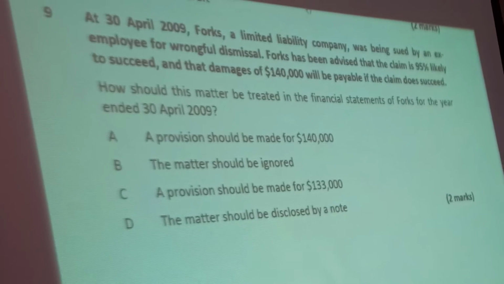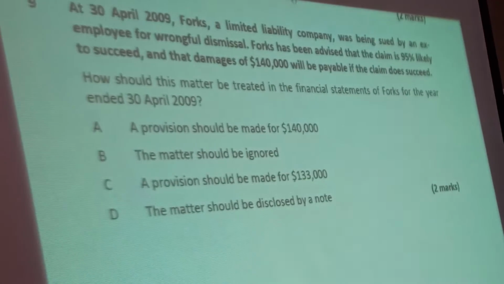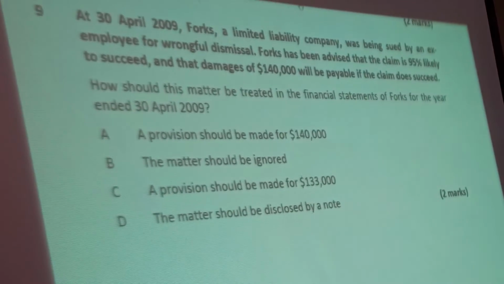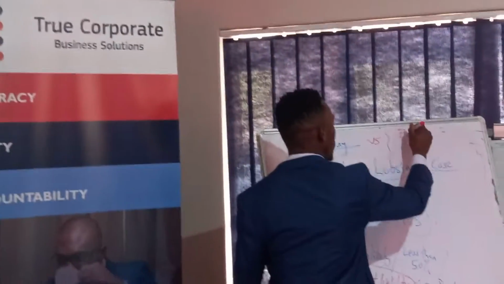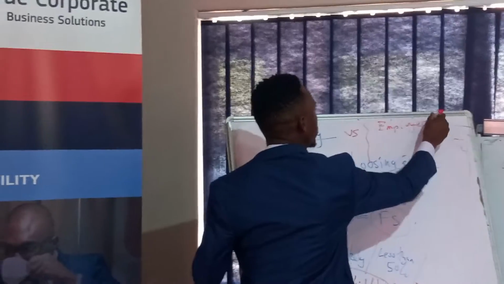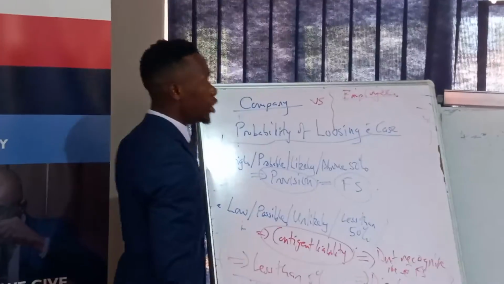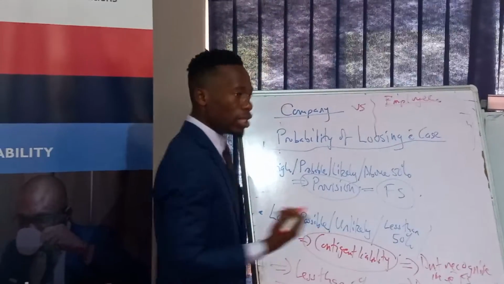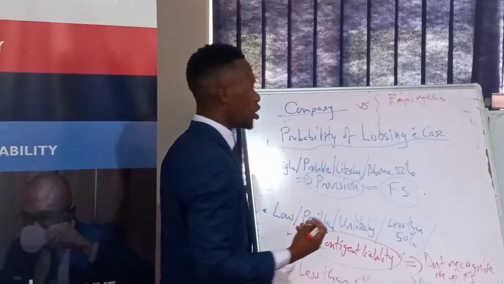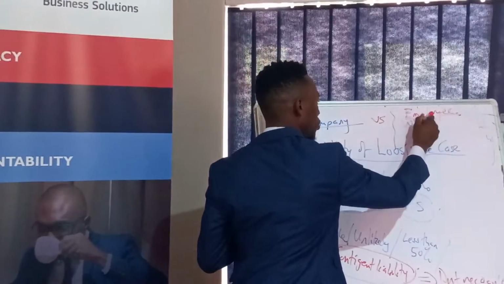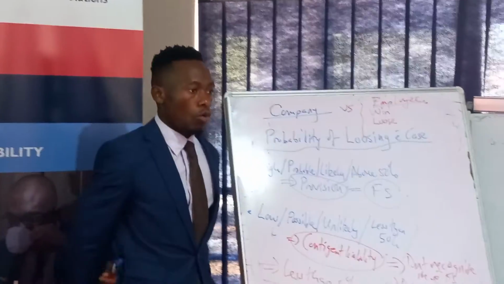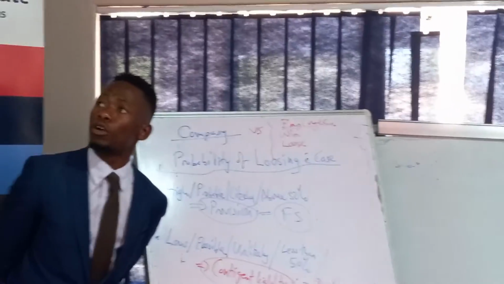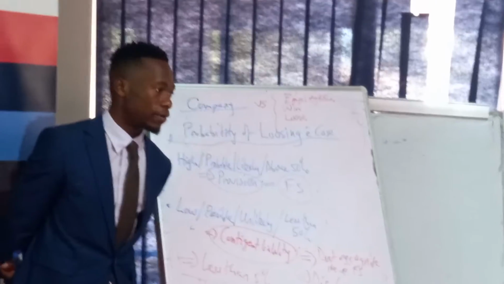Even sometimes if you get confused, you can write the employee. Yes, this is the company versus the employee. Even if you get confused, you can try writing employee in order to understand that much. Then you write winning, losing. Looking at the employee, what is the probability of the employee winning the case?